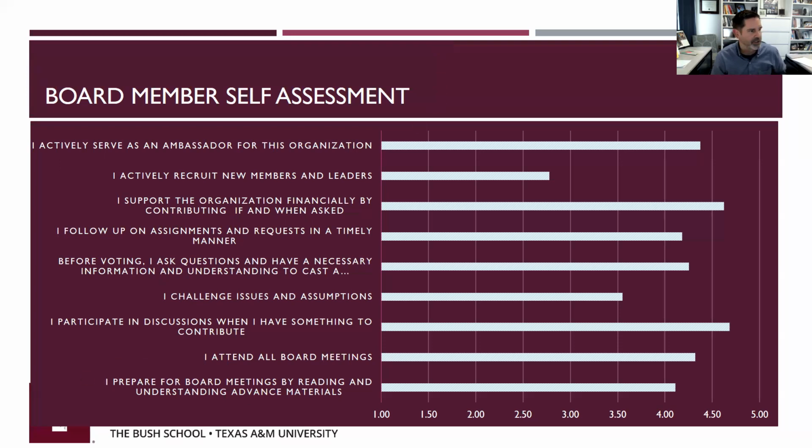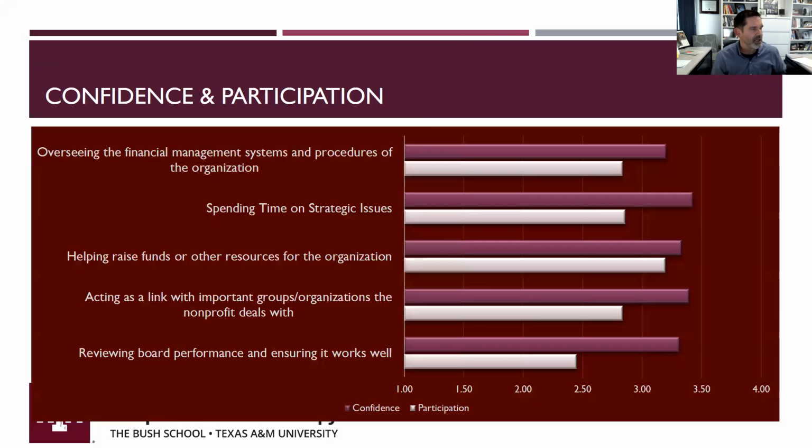Another area to take a look at is, this one is an interesting set of questions, and there's more of them than this. I just pulled a few of them here so you could take a look at it. There are 2 tiers of questions, as I said. How confident are you to fulfill particular roles or particular functions as a board member, and how much are you actually doing it, right?